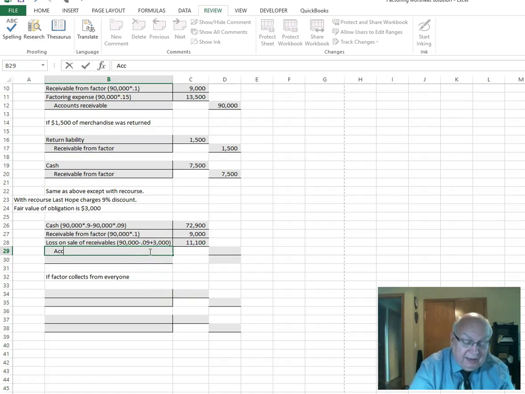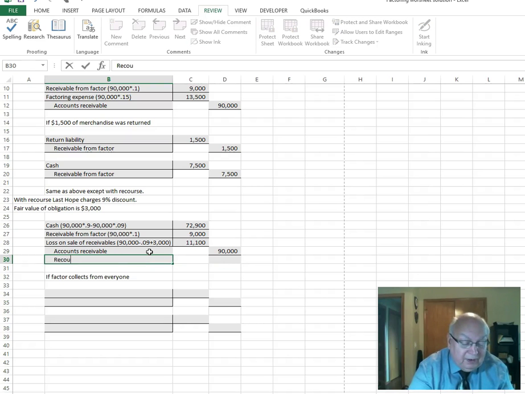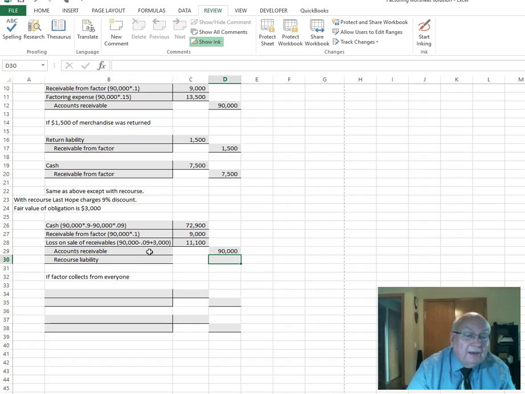And then we have accounts receivable, because we're factoring, which is in essence we're selling them, and that will be for 90,000. And then we also have a recourse liability of $3,000.